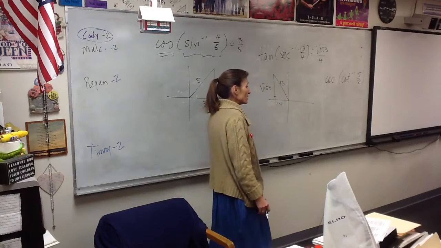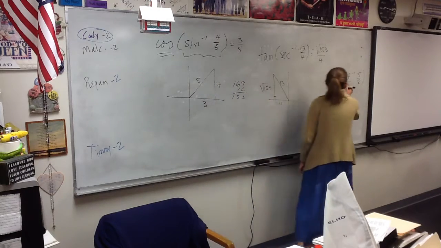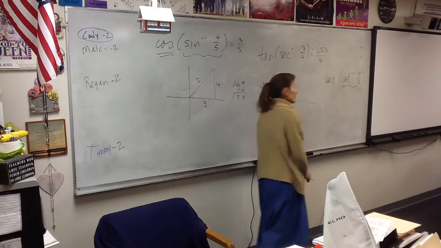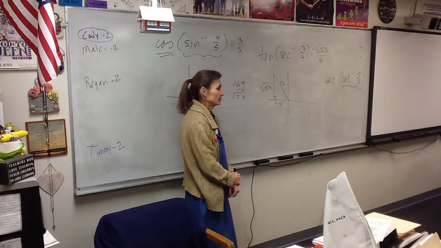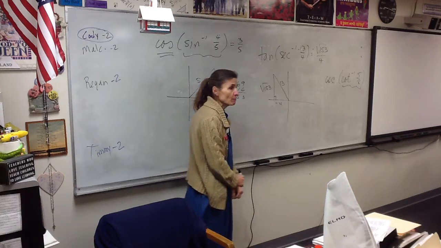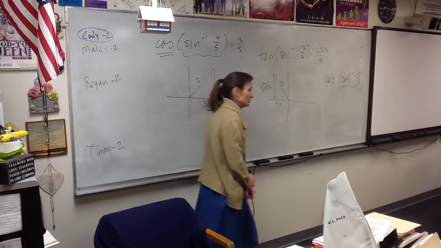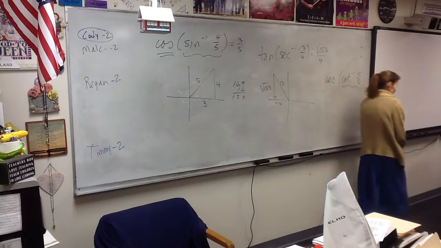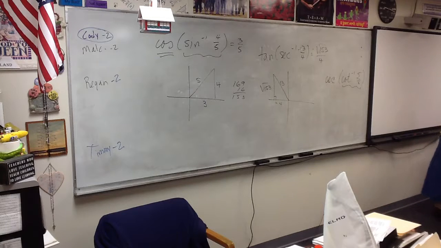So you've got to draw a picture of the angle, figure out which quadrant you're going to draw it in, then label your sides. Probably you'll need to do the Pythagorean theorem.